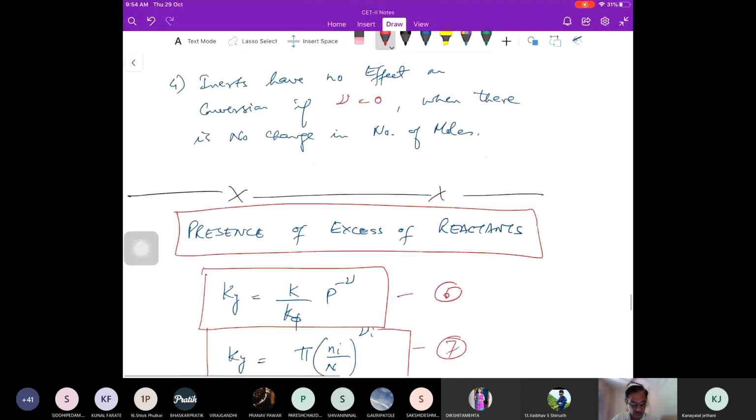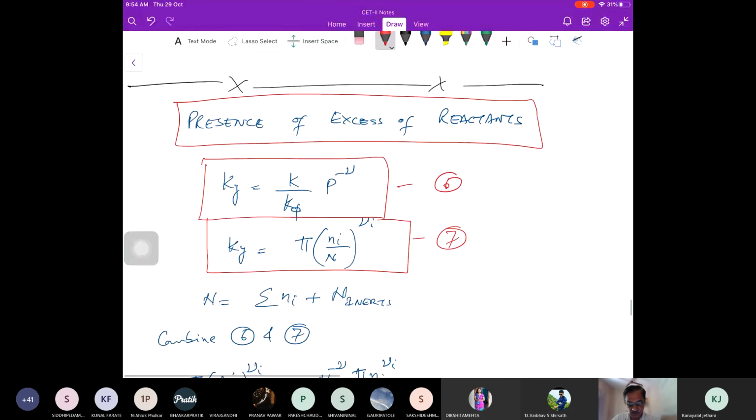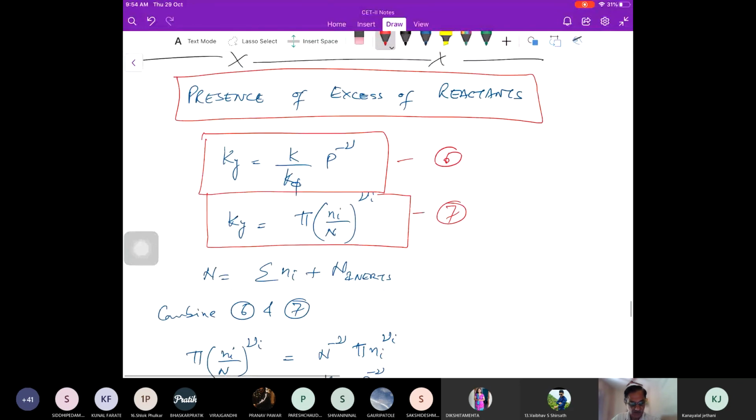Okay. So let us see what is the effect of presence of excess of reactants. Reactant ज़्यादा लिया तो क्या हो जाएगा? So we have seen K is equal to Kφ, P raised to power of minus nu, or K and Ky is equal to pi of Ni by N raised to power nu i.